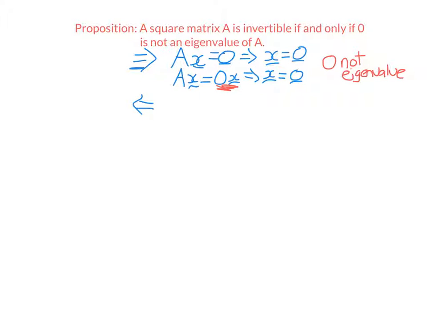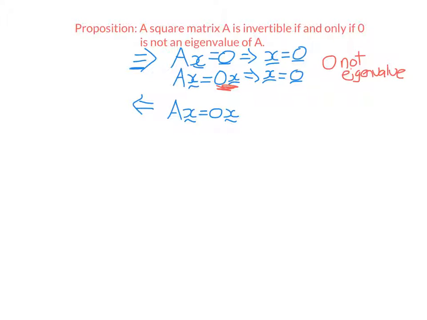Now let's look at the other direction. We just reverse the logic here. If 0 is not an eigenvalue, then Ax equals 0x, this time 0 is the scalar again, has no non-zero solutions.